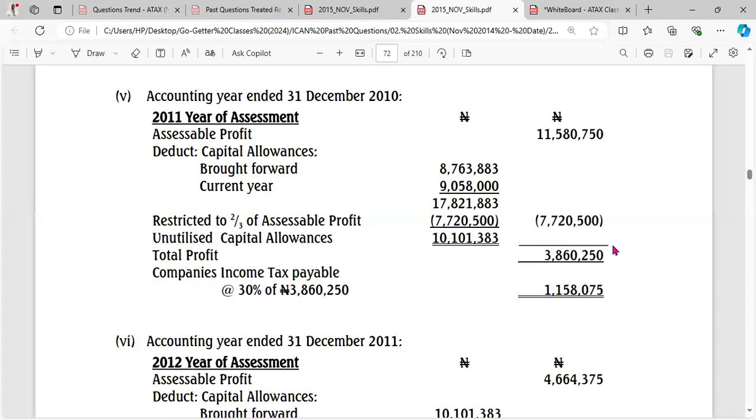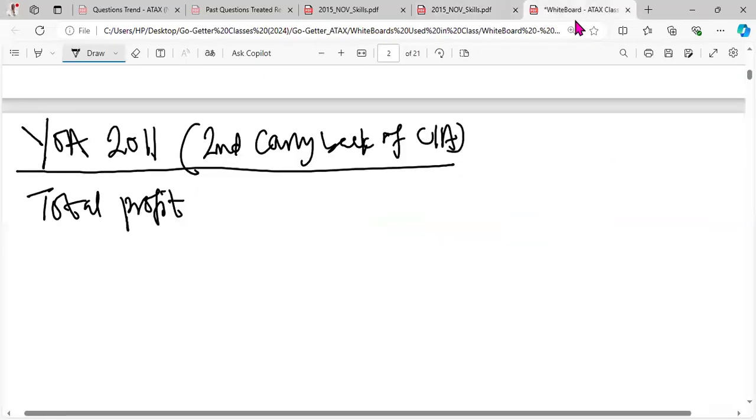This is the total profit here. 3,860,250. That's your total profit.